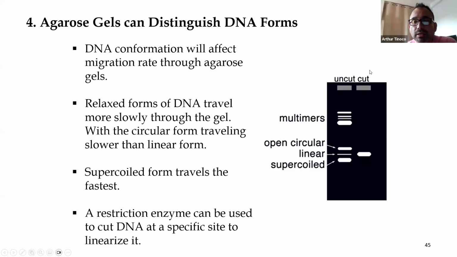When you apply this restriction enzyme, all of the more complex behaviors that you see become simplified because now you've converted all that DNA into its linear form. In a perfectly executed restriction digest, you will see just one band that corresponds to the linear form of the DNA.